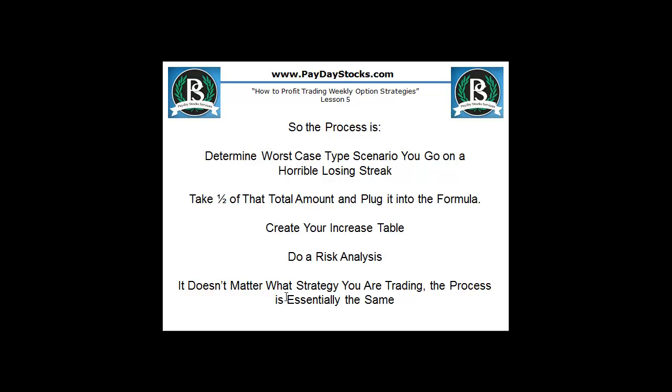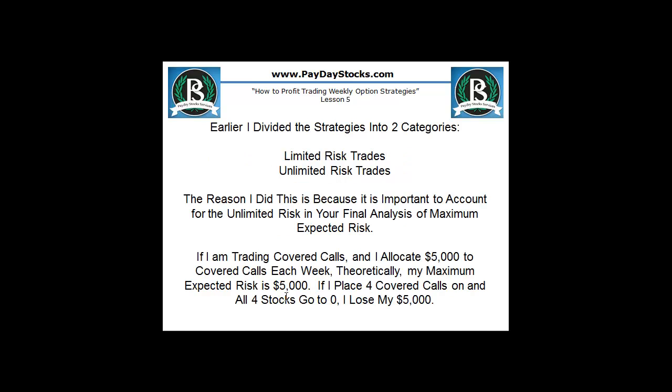So even if I'm trading covered calls and I allocate $5,000 to covered calls each week, theoretically my maximum expected risk is $5,000 in that week. If I place 4 covered calls on and all 4 stocks go to zero, then I could lose my $5,000. Obviously, that's not very probable.